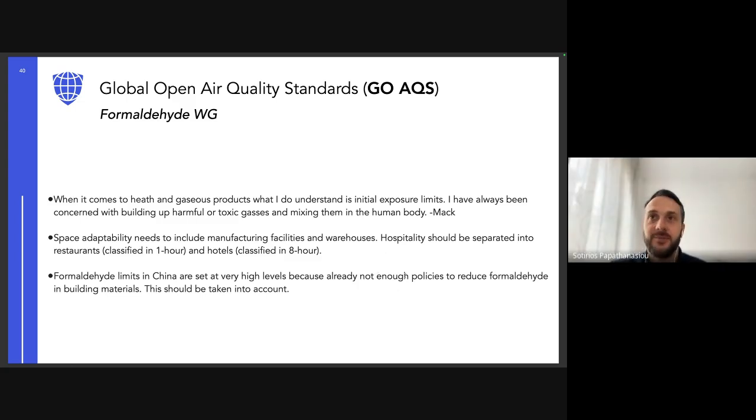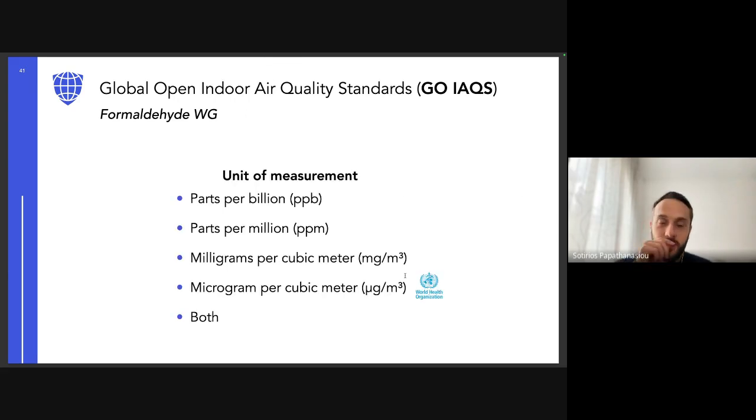If someone has any comments regarding those comments, let me know. And here is the question that I've asked lately of all the working groups. What's the unit of measurement that we should adopt in order to have a common language around the different pollutants? And in this case, formaldehyde, is it parts per billion, parts per million, micrograms per cubic meter, milligrams?